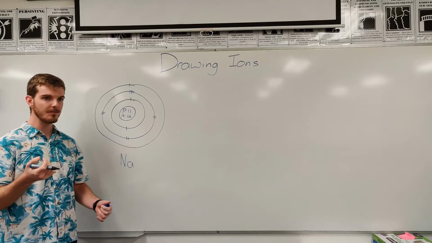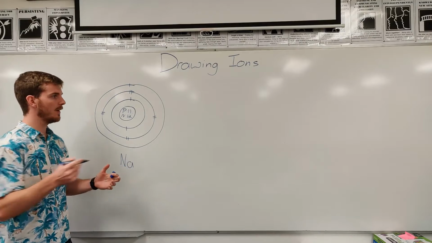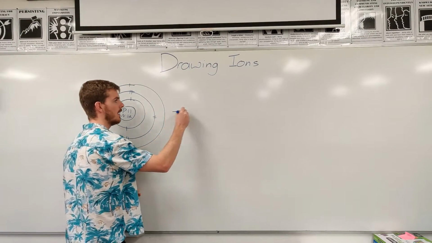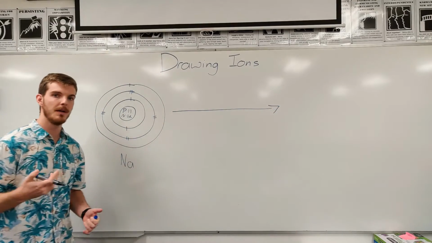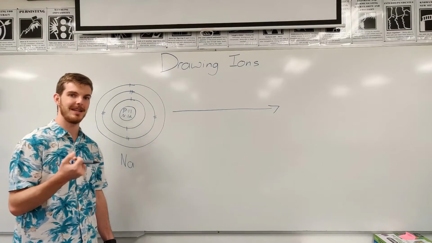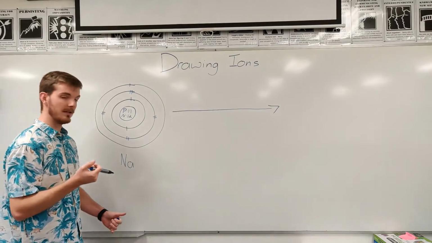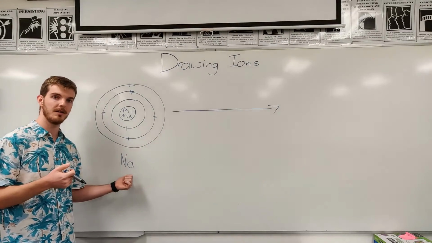Now what we're going to do is imagine something's happened and it wants to become an ion, so it's nice and stable. The first thing I always like to do is rewrite the symbol.